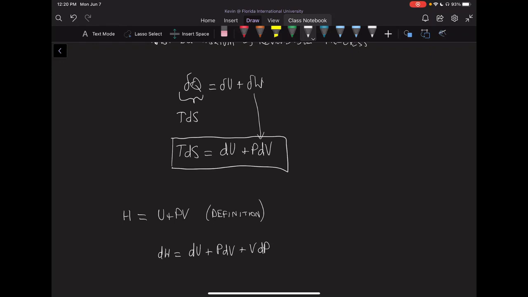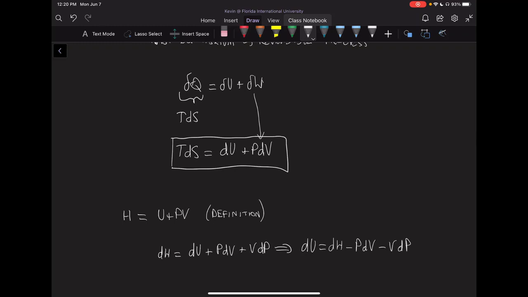And if we go further than this, just by rearranging, dU is equal to dH minus P dV minus V dP.